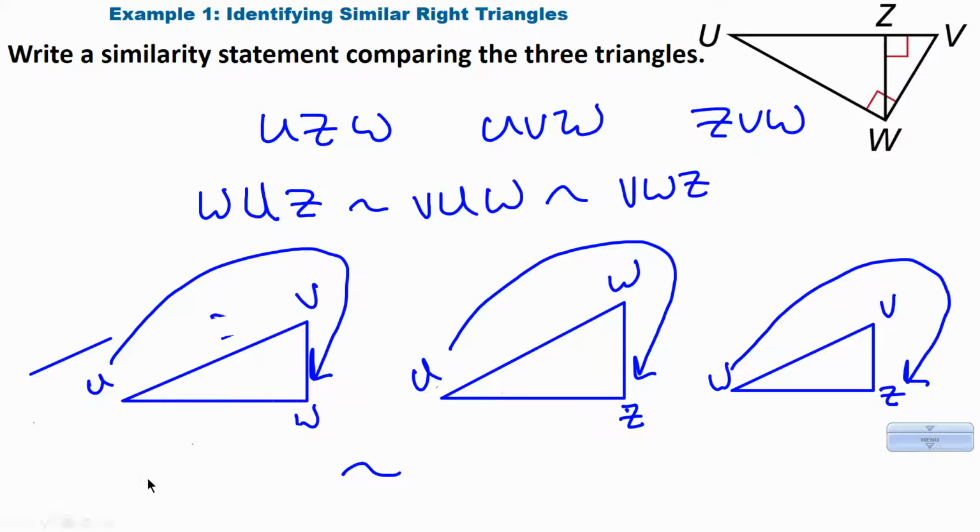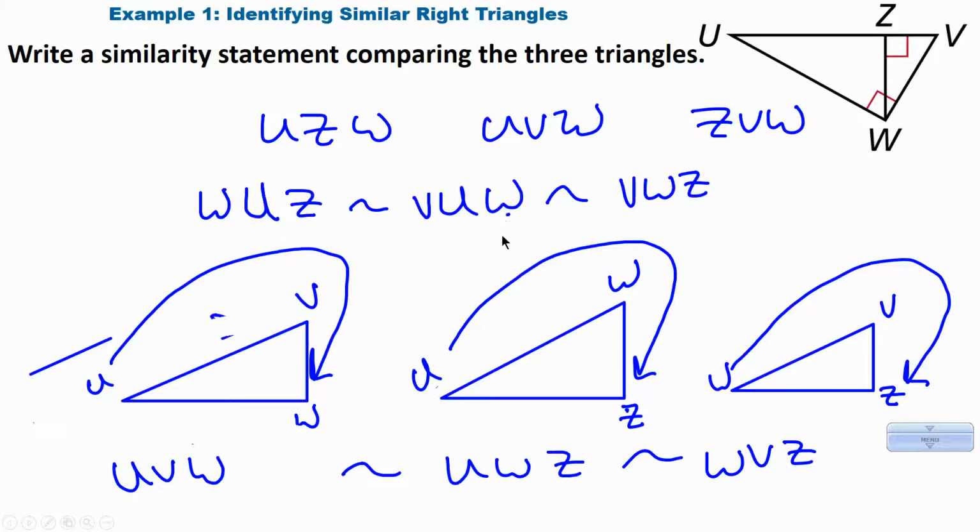So UVW is going to be the same as UWZ and WVZ. And these are written in one of the three ways that you could write the similarities.